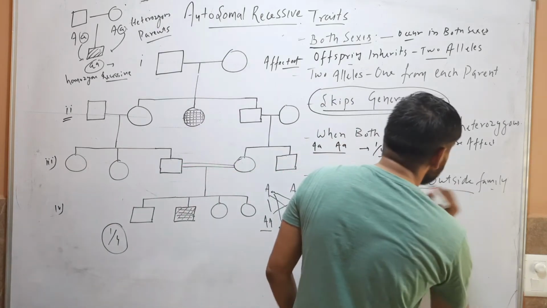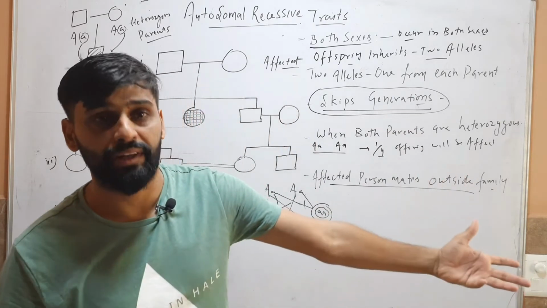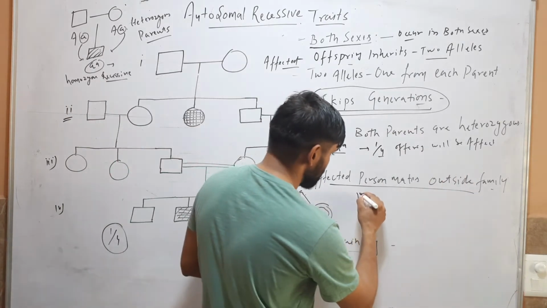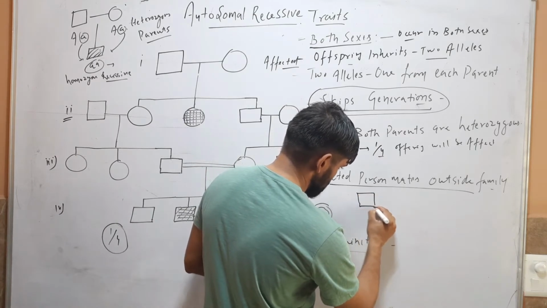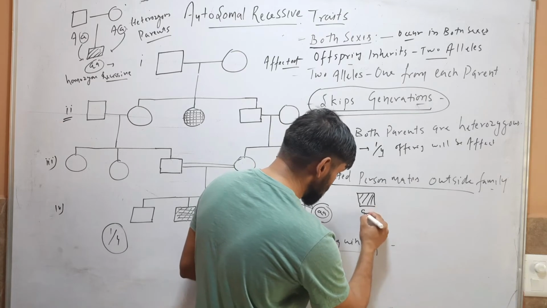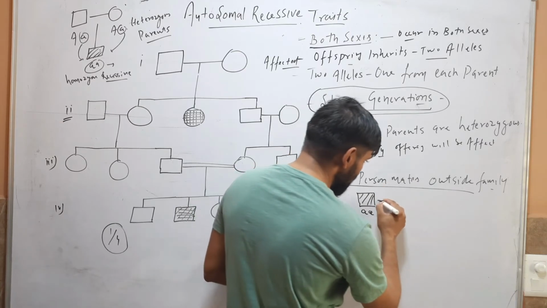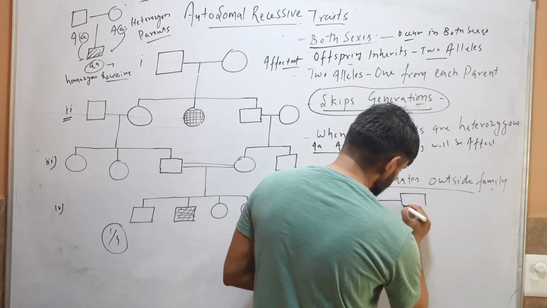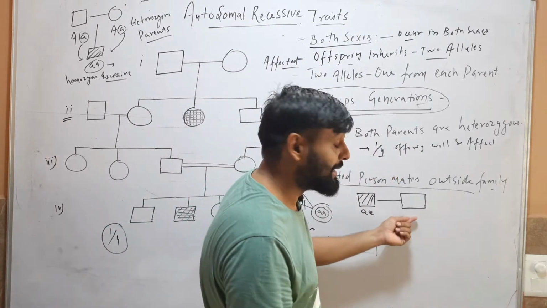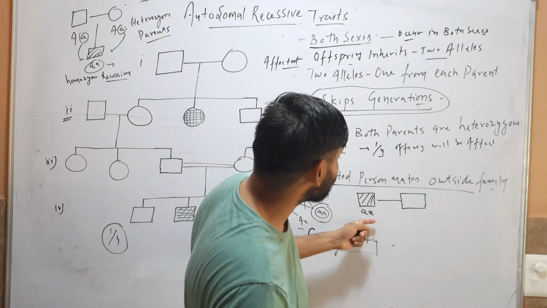Next, when an affected person mates outside the family. Suppose a person is affected. So the genetic makeup of that person will be small a, small a. When he mates outside the family, there is a much higher probability that the mate will not have that allele.